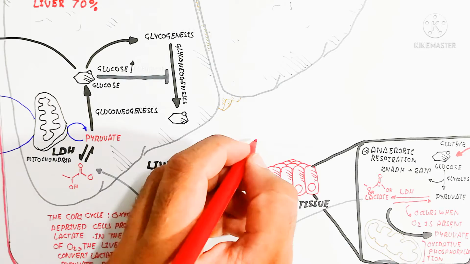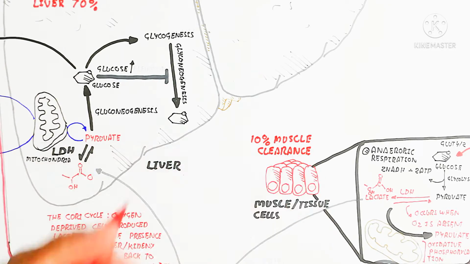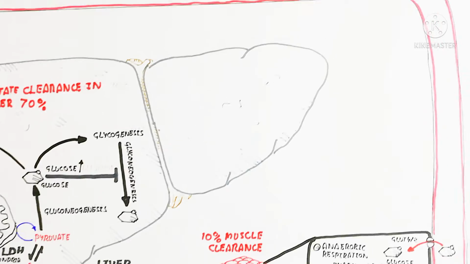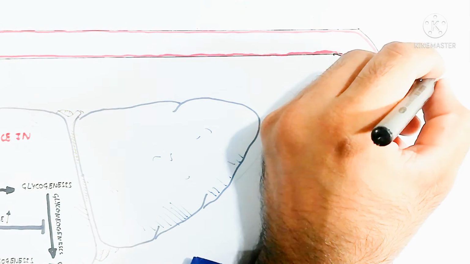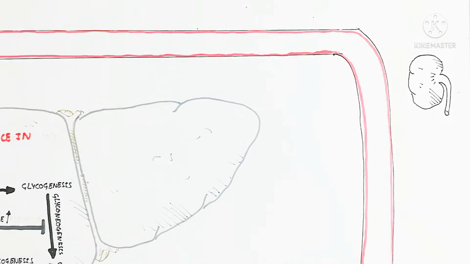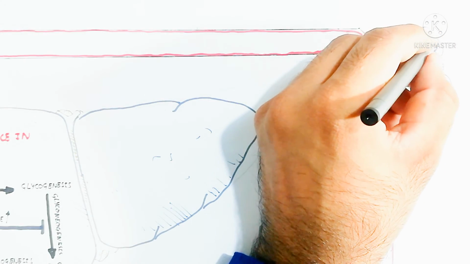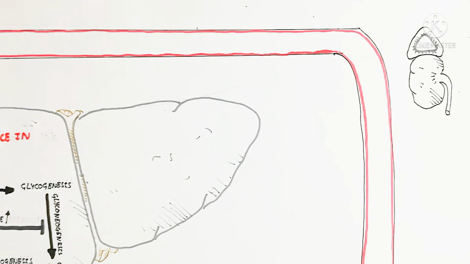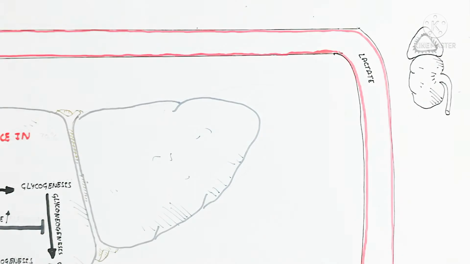That also inhibits the catabolism of glycogen. Here 10% of lactate clearance is by muscle, 70% is by the liver, while 20% is by the kidney, which has the same mechanism. So lactate clearance is 100%, made up of 70% liver, 20% kidney, and 10% muscle. That is all the lactate clearance.